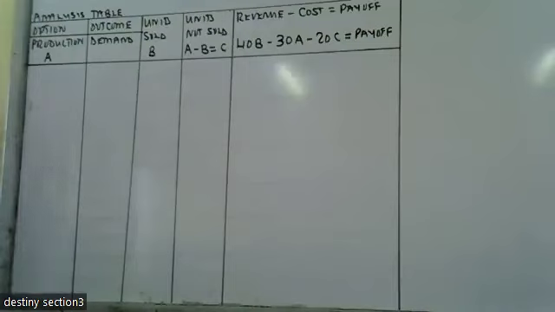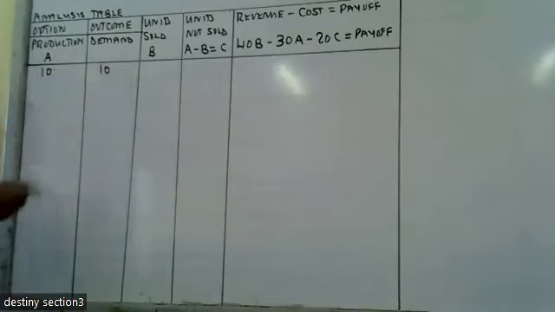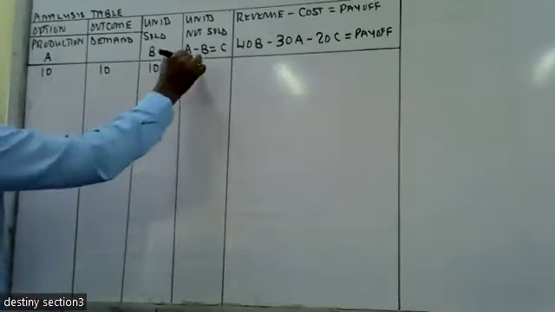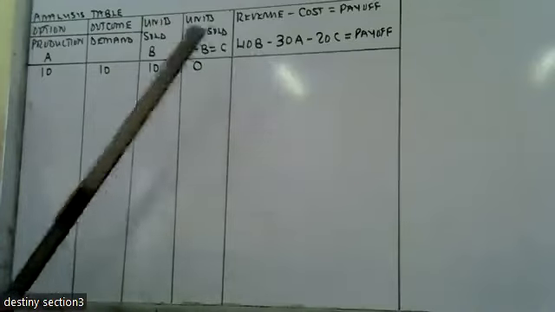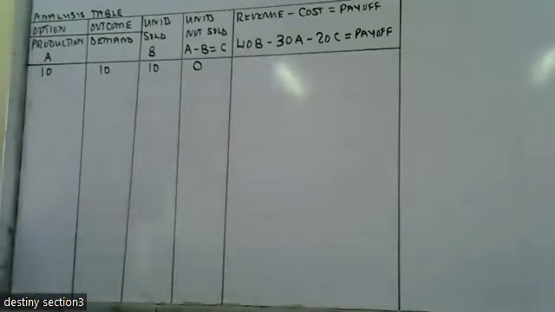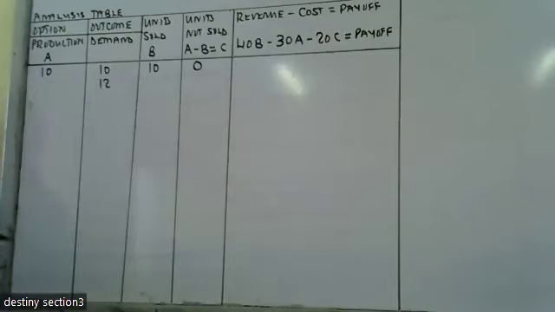Okay. So assume they go and buy 10, or they produce 10. Produce 10, and the demand turns to be 10. So how many do they sell? 10. How many remain unsold? C. See, hii kutumia formula utaweza. If they get a demand of 12, they will sell 10.